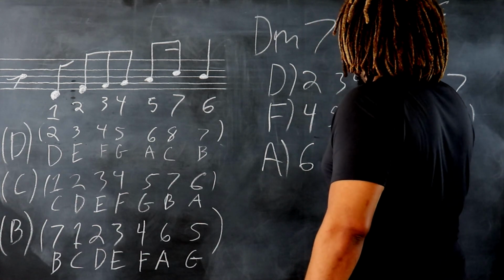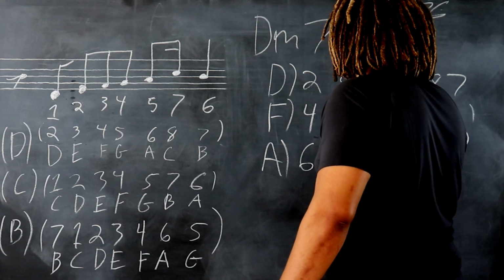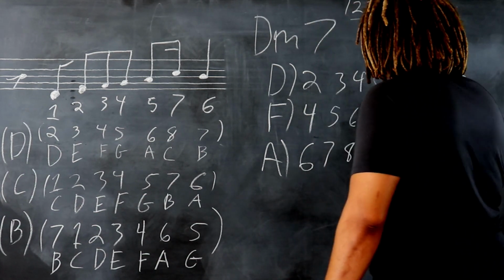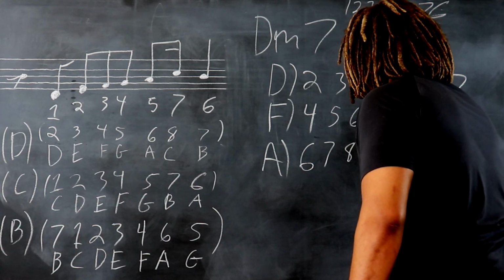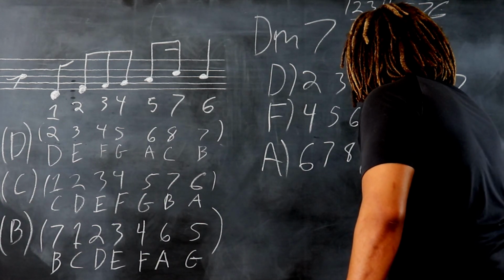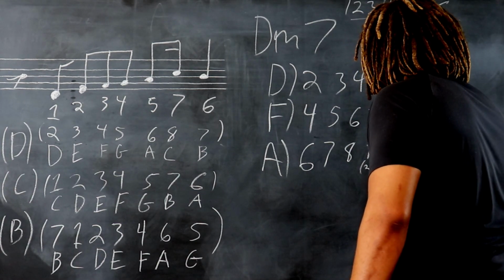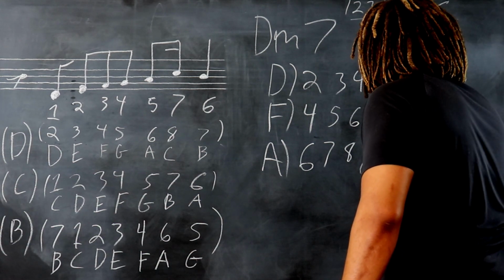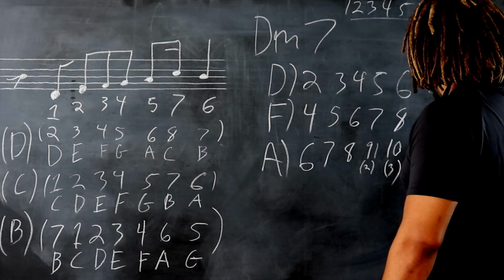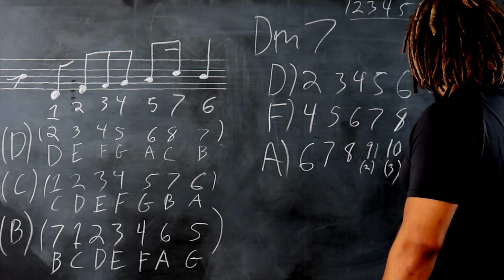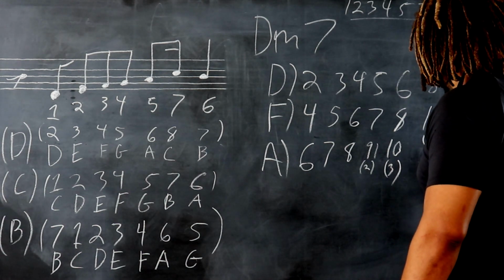So we start on 6, then go to 7, 8, the 9th would be the 2nd, the 10th, which would be the 3rd, the 12th, and then the 11th.